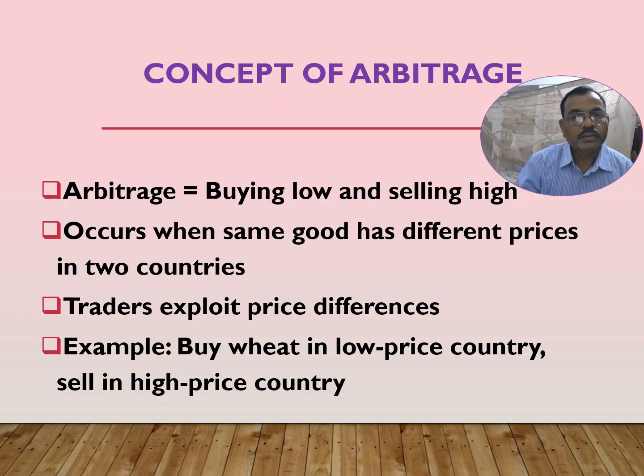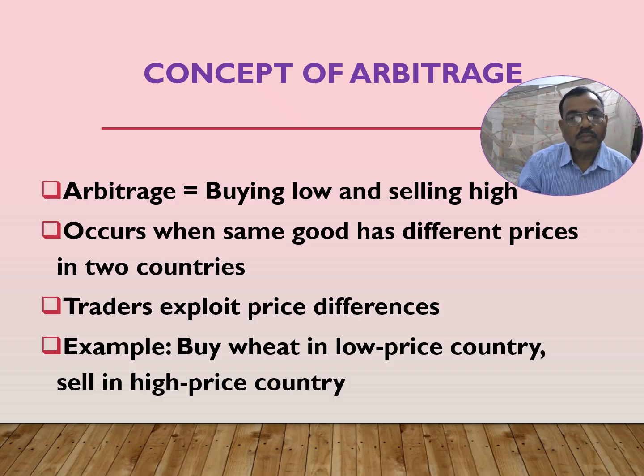For example, if wheat costs rupees 20 per kg in country A and rupees 30 per kg in country B, traders will buy wheat from country A and sell it in country B to earn profit. This process continues as long as price differences exist. Arbitrage is one of the fundamental driving forces behind international trade.